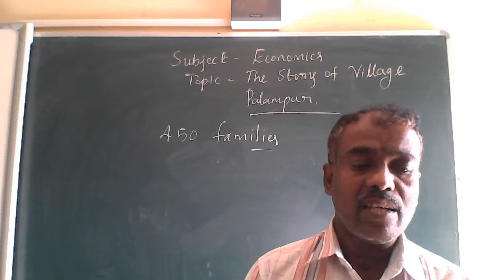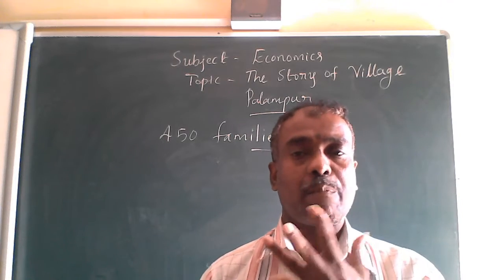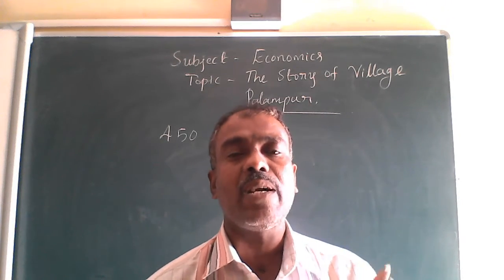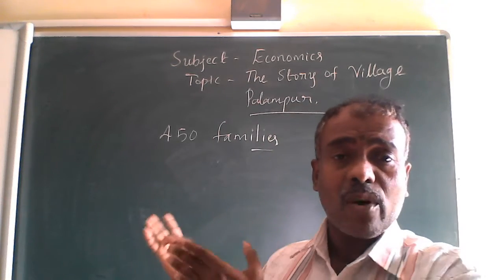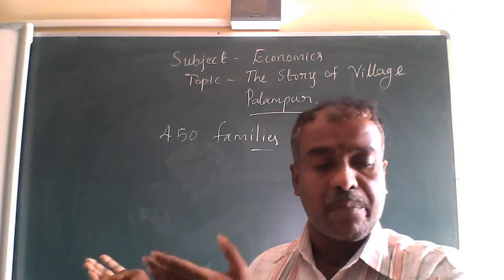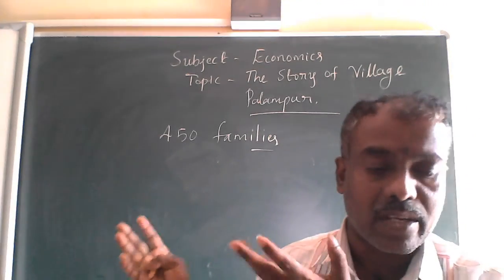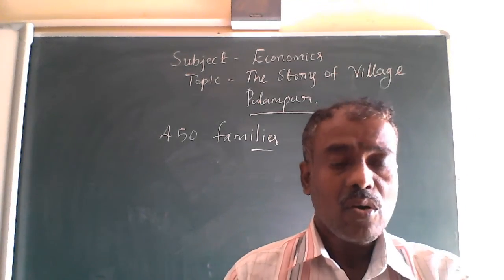we can see various kinds of people, who belong to different religions and different castes. These 450 families belong to different castes and different religions.